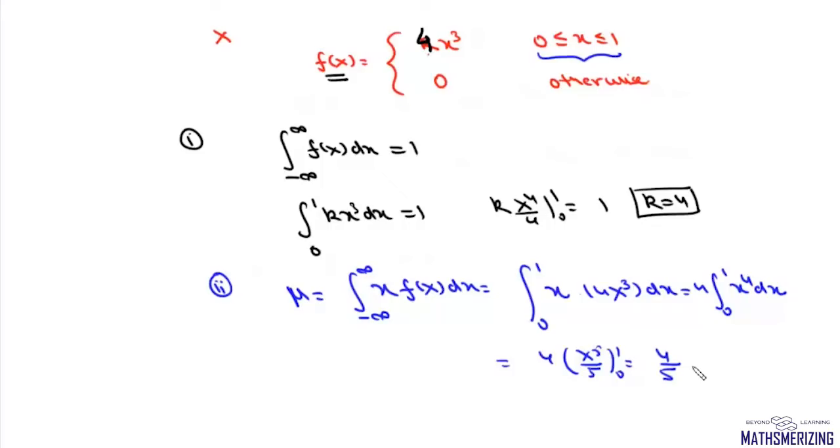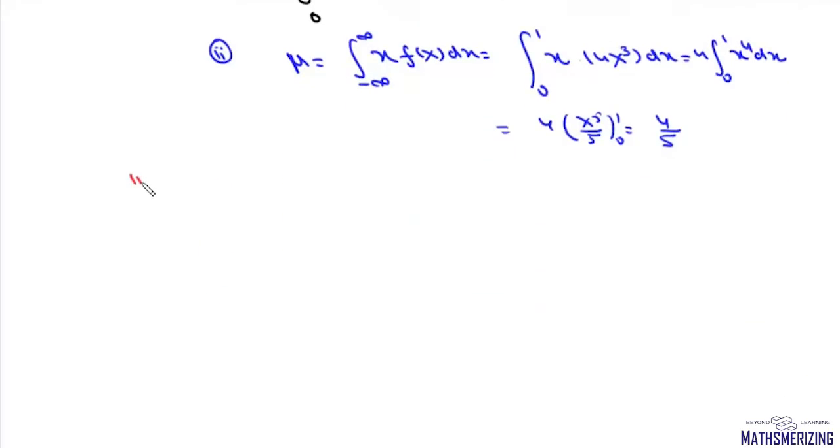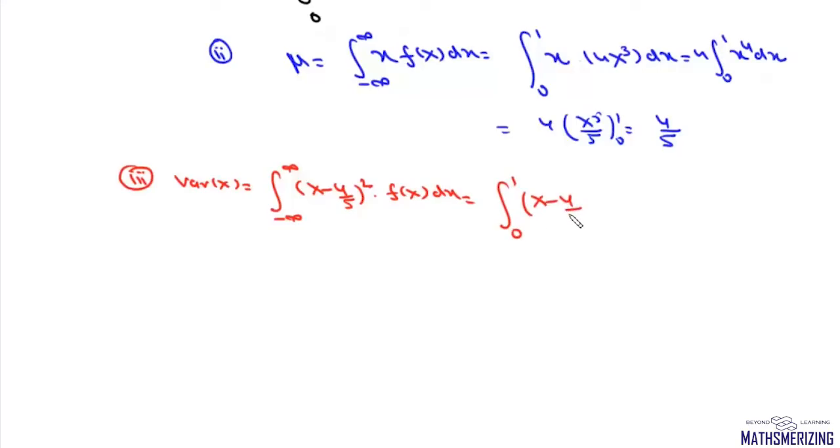Now we'll calculate its variance. Its variance will be the integral from minus infinity to plus infinity of (x minus mu) whole square into fx dx, and mu in this case is 4 by 5. So again this integral will be from 0 to 1 of (x minus 4 by 5) square, and fx is 4x cubed dx.